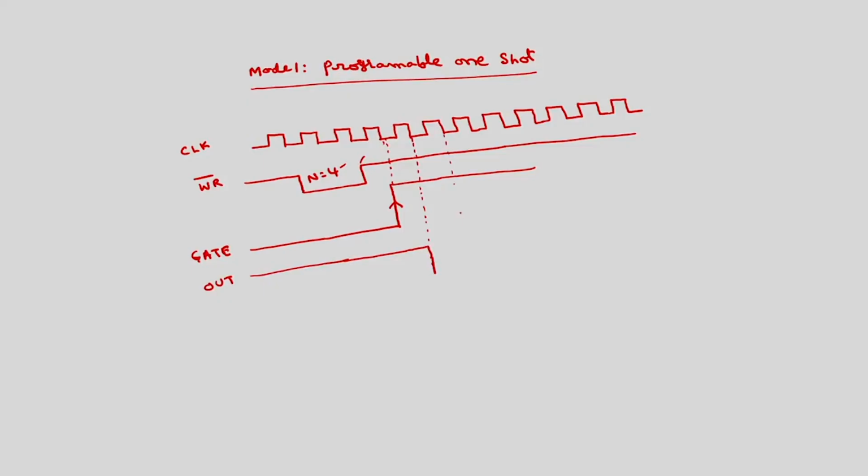So, this is one count, so 4 becomes 3, after another clock signal 3 becomes 2, after another clock signal 2 becomes 1, after another clock signal 1 becomes 0. Once 0 is reached, it will go again to high and wait until a new value of n is loaded. So, out will be initially high, then it goes low for this many clock signals 1, 2, 3, 4, then after that goes high again.